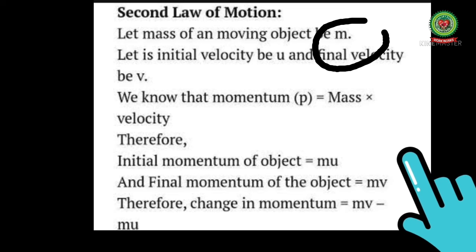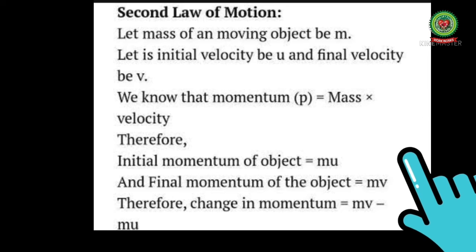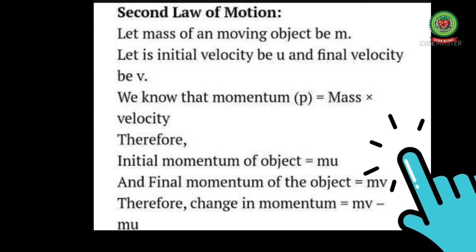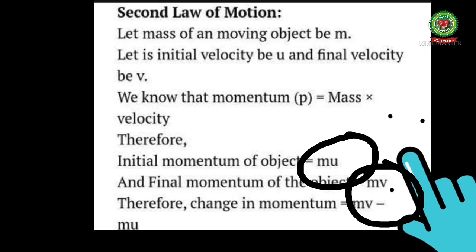Consider a body of mass m moving with an initial velocity small u and final velocity small v. As we already know, momentum is given by the product of mass and velocity. Therefore, the initial momentum of the object will be m into u. The final momentum of the object will be m into v.